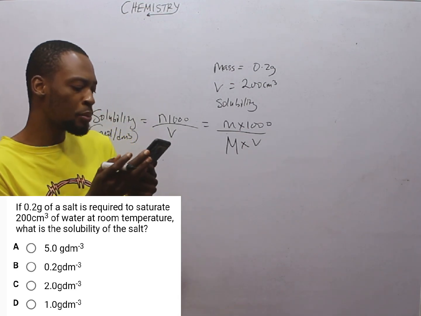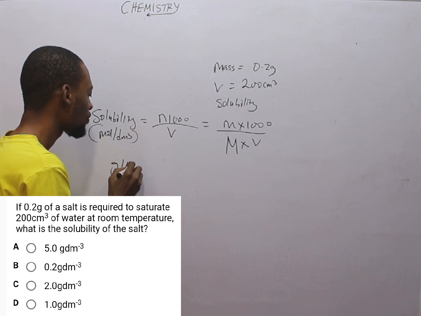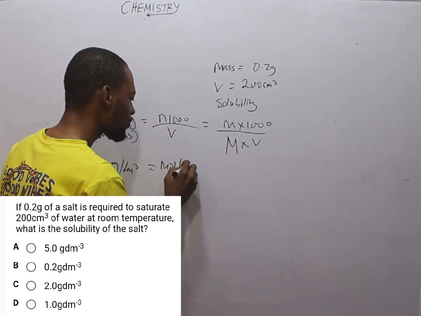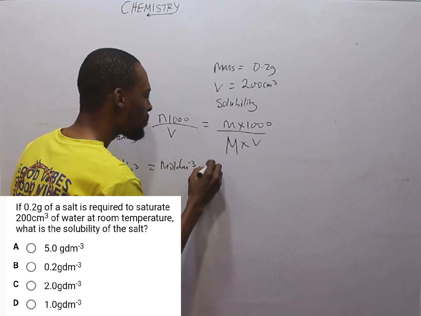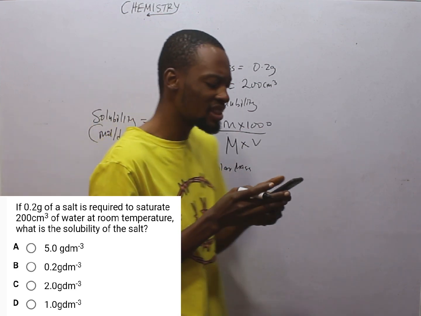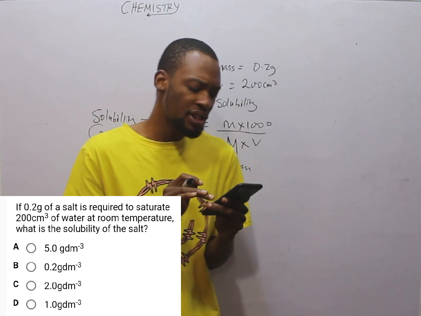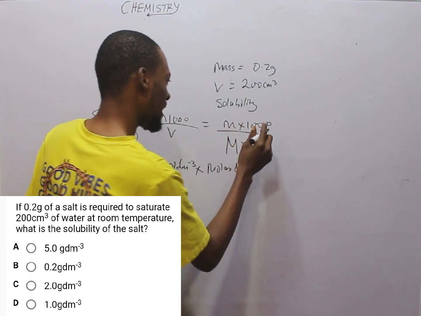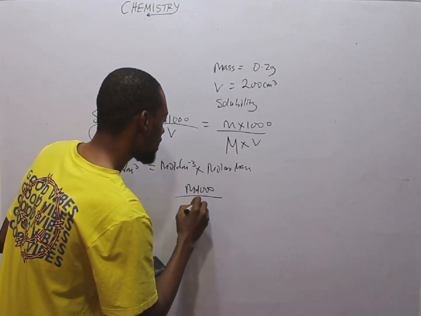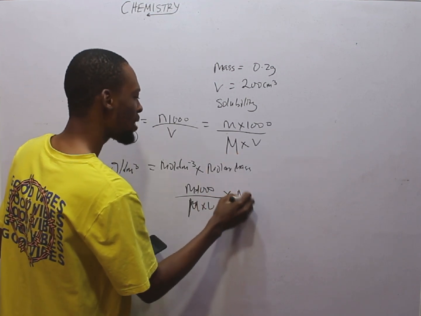But how about in grams per dm³? Solubility in grams per dm³ is simply solubility in moles per dm³ times molar mass. When you multiply solubility in moles per dm³ by molar mass, you get solubility in grams per dm³. So once you multiply m times 1000 over big M times V, this is mass, this is molar mass, times molar mass.